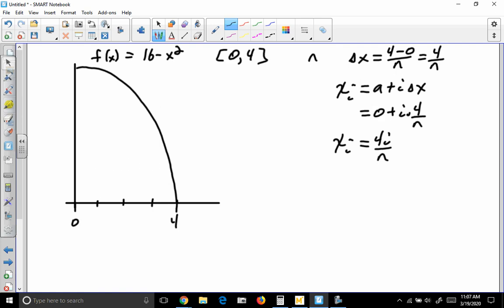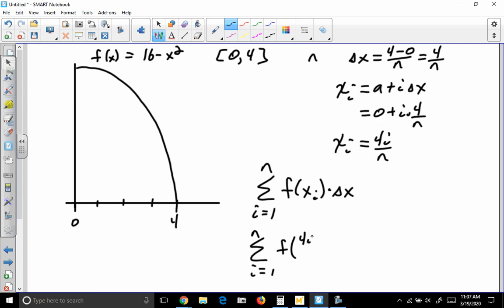That i is just a counter for our sum, because the area of one rectangle is f of x sub i times delta x, and we're adding those where we let i start at 1 and go to n. So for us, we need to substitute in our x sub i into our function. So 4i over n goes into our function, and our delta x is 4 over n.